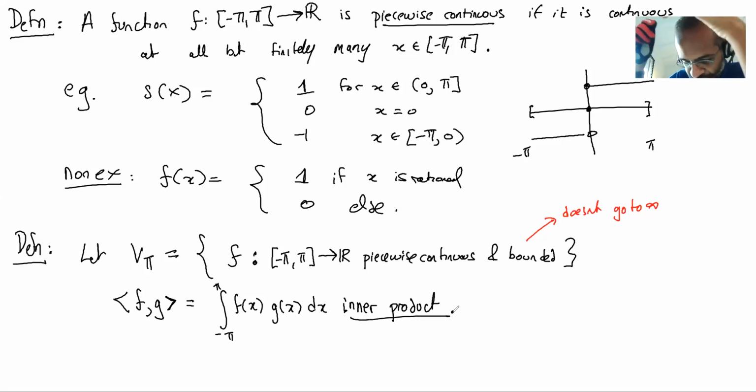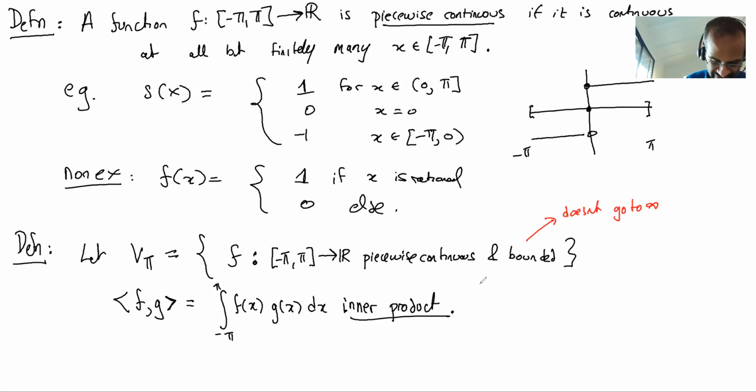And in fact, a product of two such functions is also piecewise continuous and bounded. So that's why this integral is always finite, and that's why we need these technical conditions. Otherwise, you don't want to have integrals that blow up and stuff like that. Otherwise, it wouldn't be an inner product, right? It has to give you a real number for every pair of vectors. So this is an inner product space.